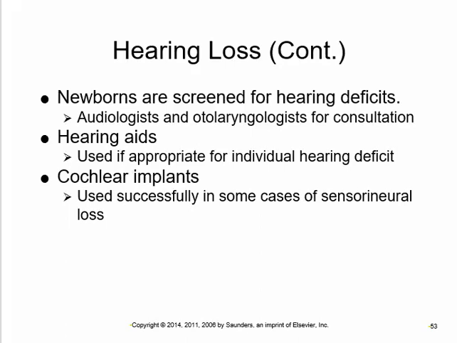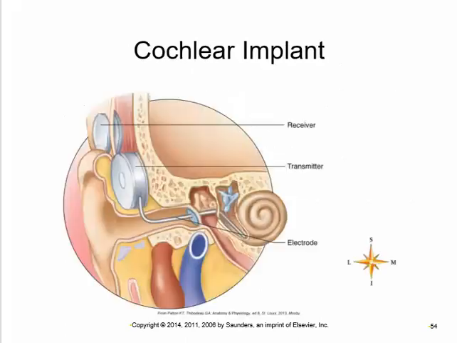And this is literally a wire that goes into the cochlea and causes the neurons to fire, to have their action potentials, because of an electric charge being provided by the device. So there's a receiver, a transmitter, and an implant right into an electrode into the cochlea that causes the nerves to fire.